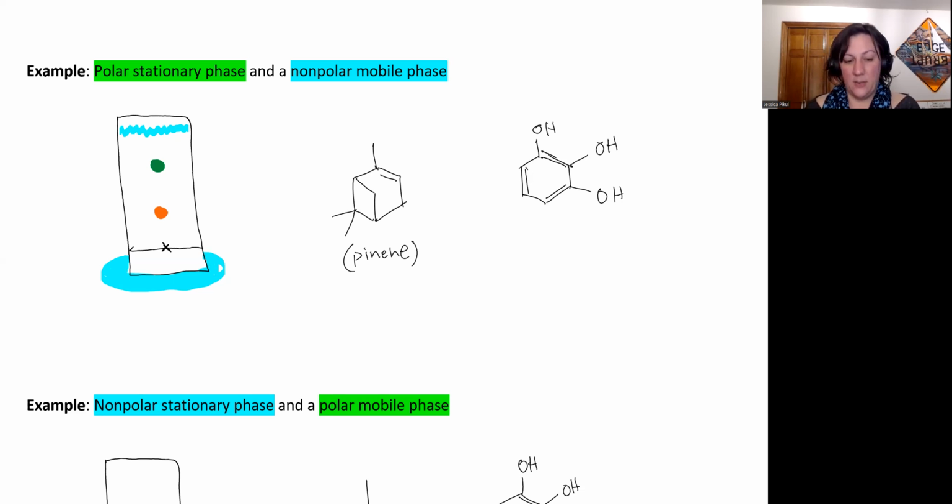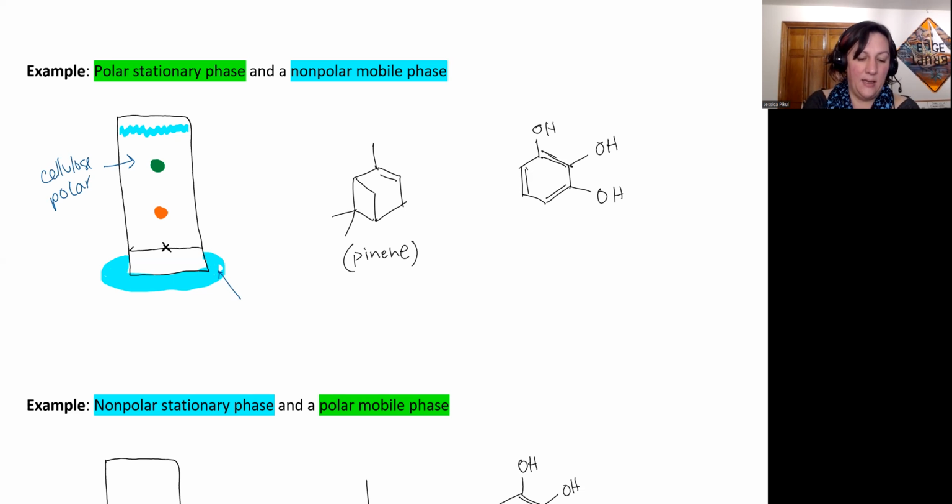So let's look at an example where we have a polar stationary phase. So maybe our stationary phase is going to be the paper. And so cellulose is going to be polar. And so we can use that. And then we'll have a non-polar mobile phase.